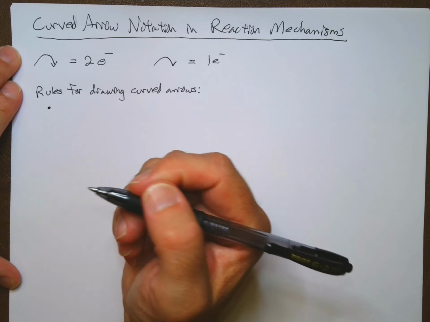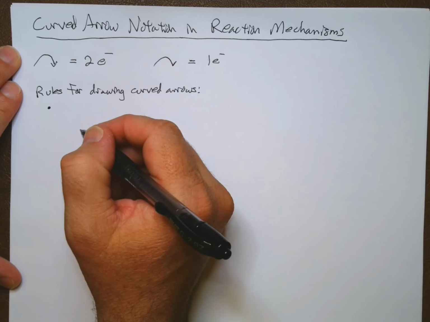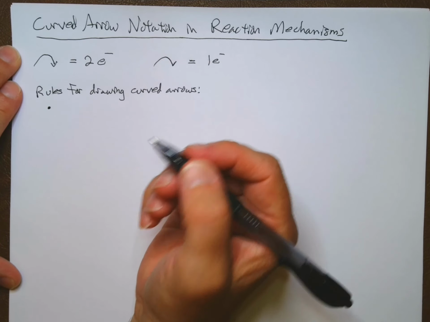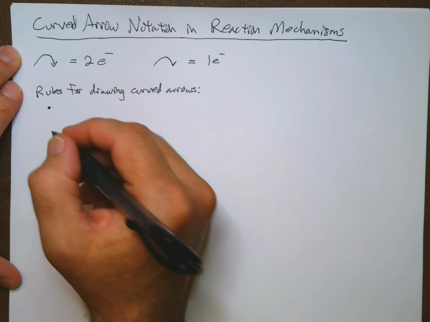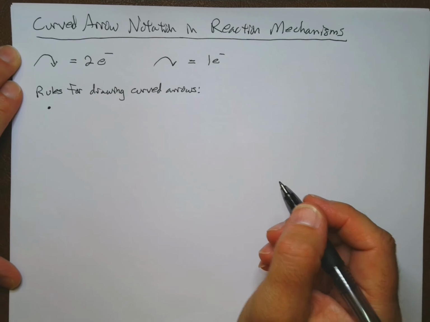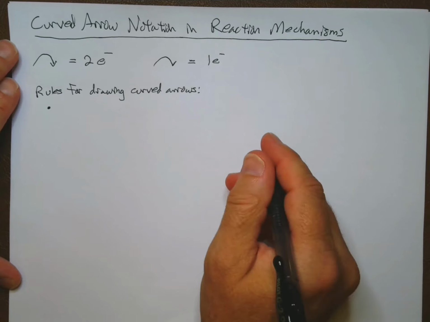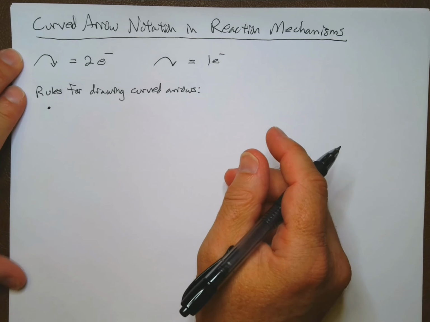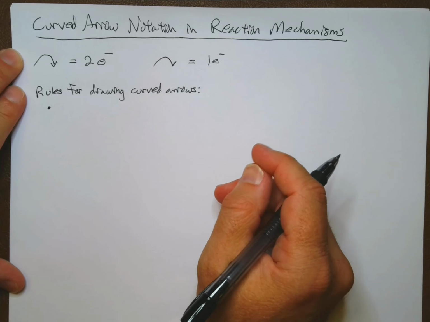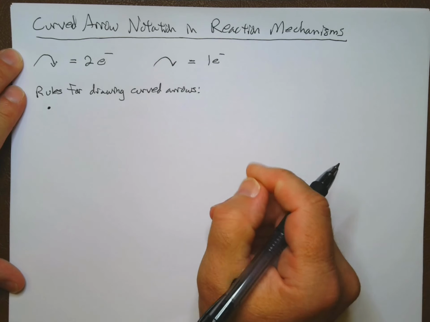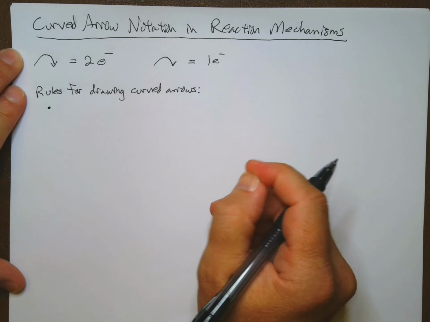So the arrows always start at a pair of electrons, and they end up at something electrophilic. The way that the text defines it is the electrons move from a nucleophilic source to an electrophilic sink.